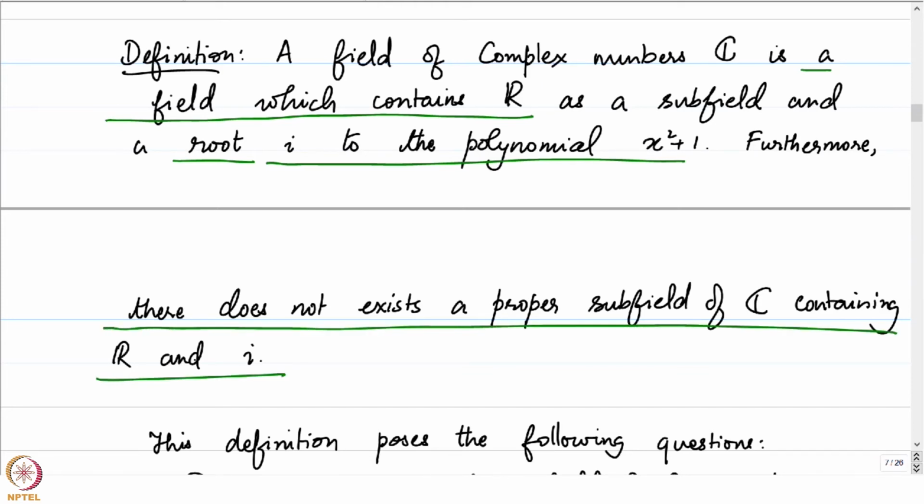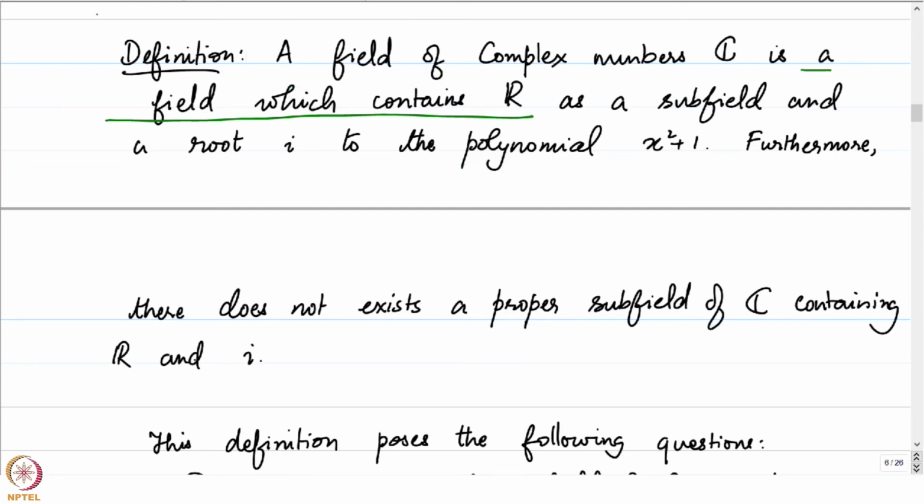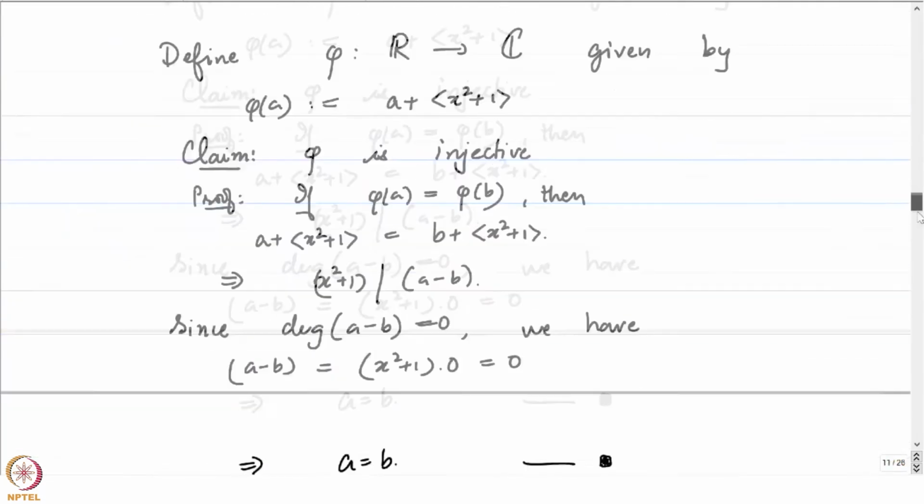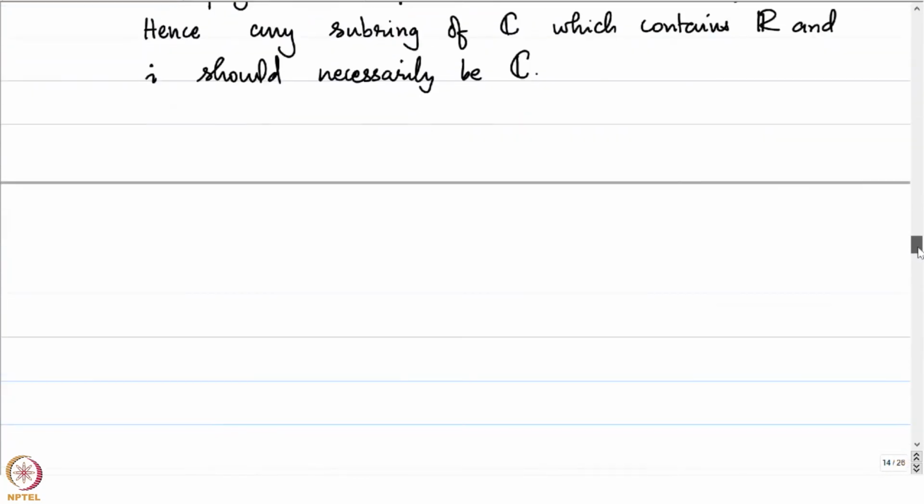The only thing that is to be checked is whether it is a field. As of now, whatever we have constructed, it's just a commutative ring with identity. So if we establish that it is indeed a field as well, we would have proved the existence of such a field of complex numbers.